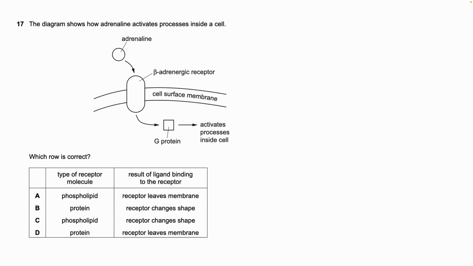Question 17. The diagram shows how adrenaline activates processes inside a cell. So the adrenaline molecule is shown, and the question asks which row is correct: the type of receptor molecule and the result of ligand binding to the receptor. The options given for the type of receptor are phospholipid and protein.